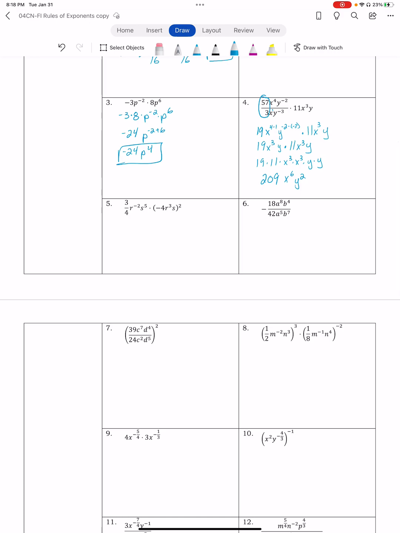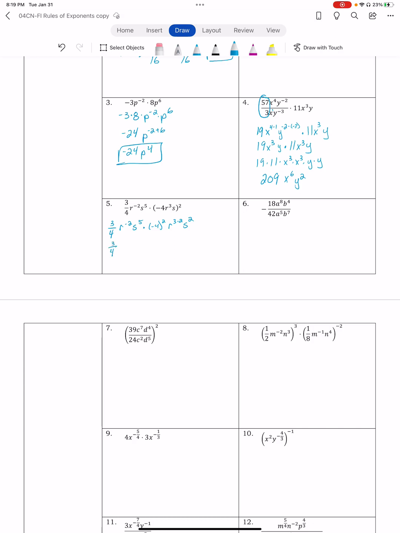Okay. This next guy here, 3/4 r to the -2nd, s to the 5th. I kind of do my order of operations. This is going to be -4 squared, r to the 3 times 2, s to the 2nd. Okay, I can simplify before I move on.